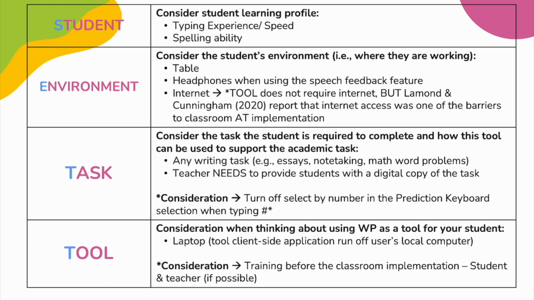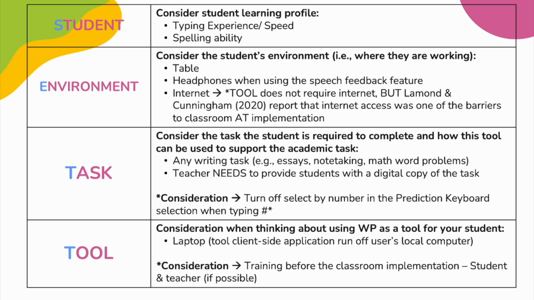Next, we want to consider the task the student is required to complete and how this tool can be used to support the academic task. So particularly, the word prediction tool can be used with any writing task, from an essay to note-taking to math word problems. Teachers need to provide students with a digital copy of the task in order for them to use this tool.